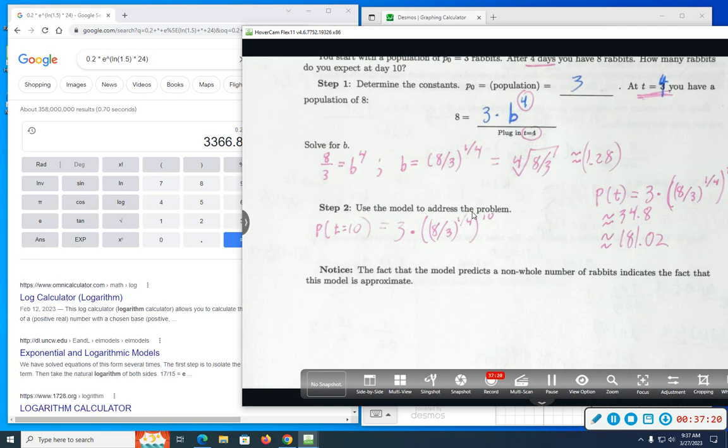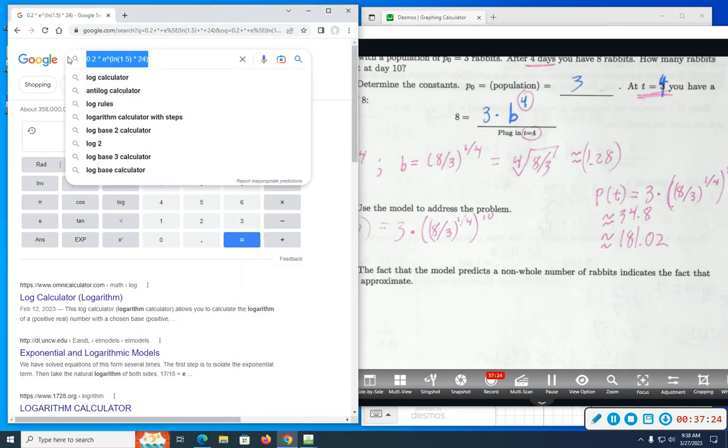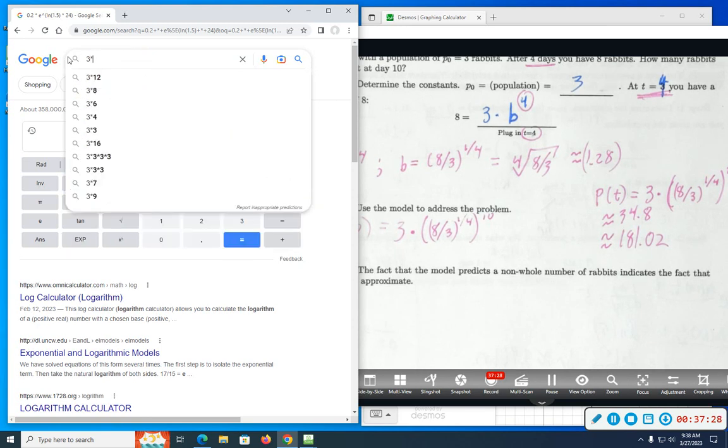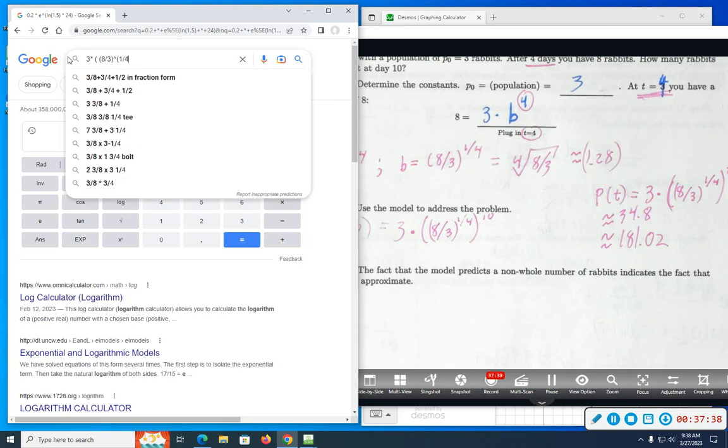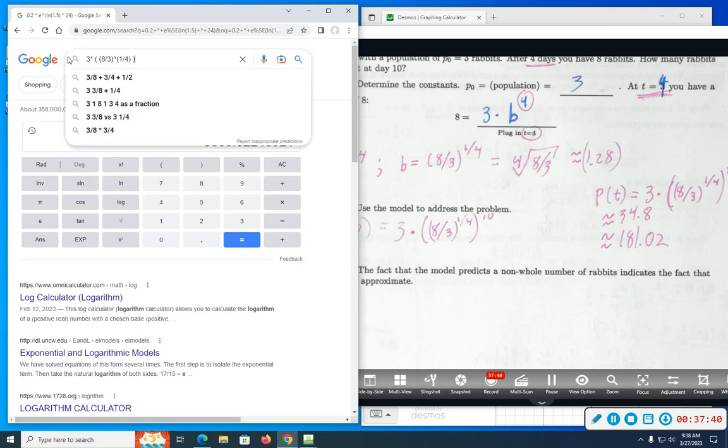Awesome. So let's enter it right up here with all of the parentheses. So the 3 multiplied is done last. Parentheses, parentheses. So 8 over 3 is all of the stuff that is in the base of this exponent raised to the power 1 over 4. Close parentheses again.